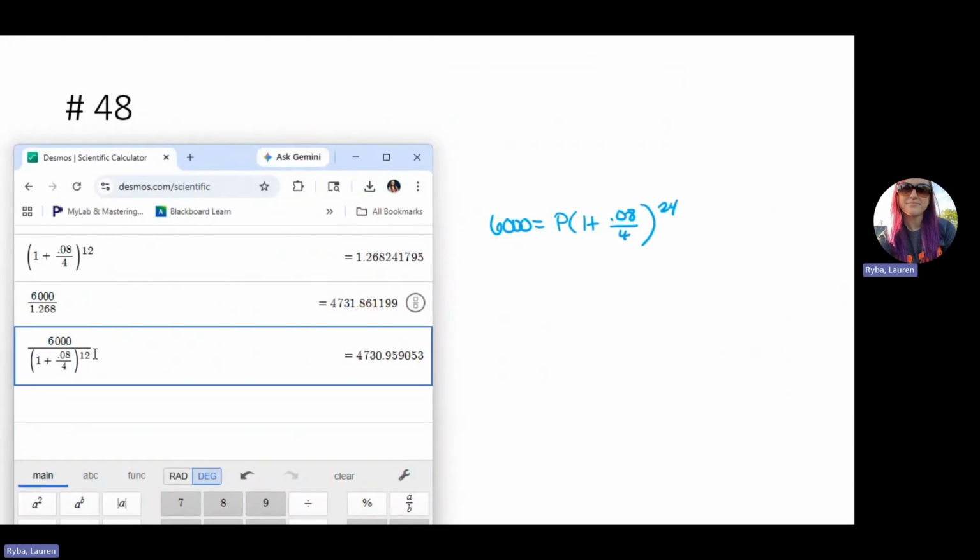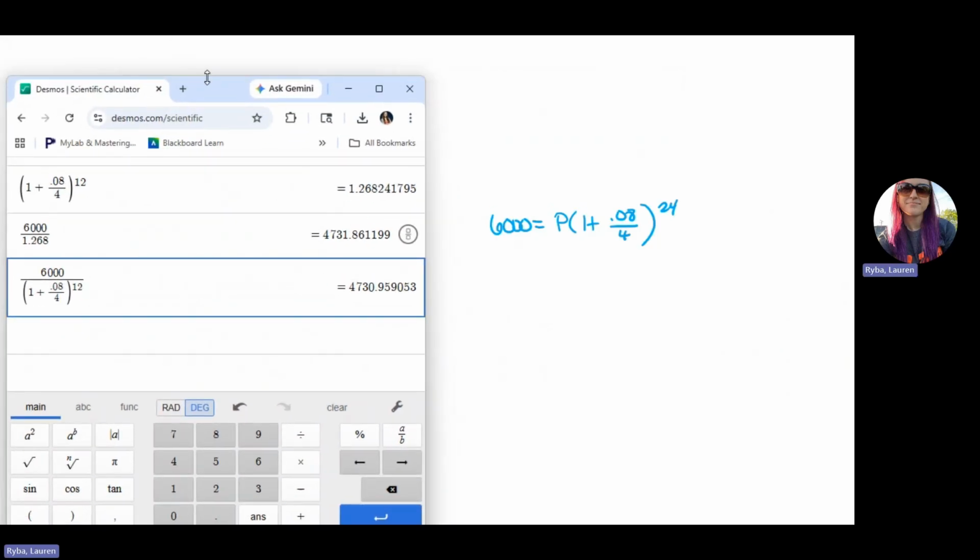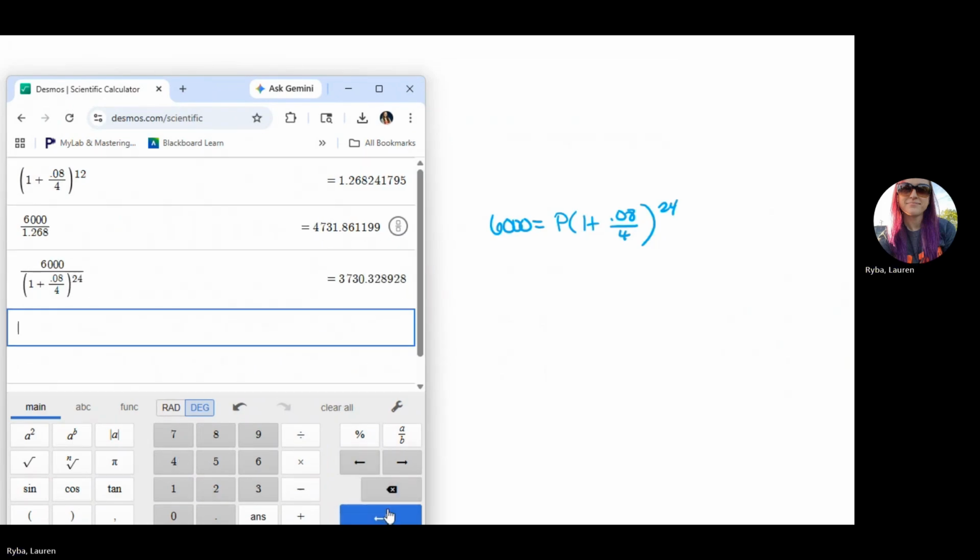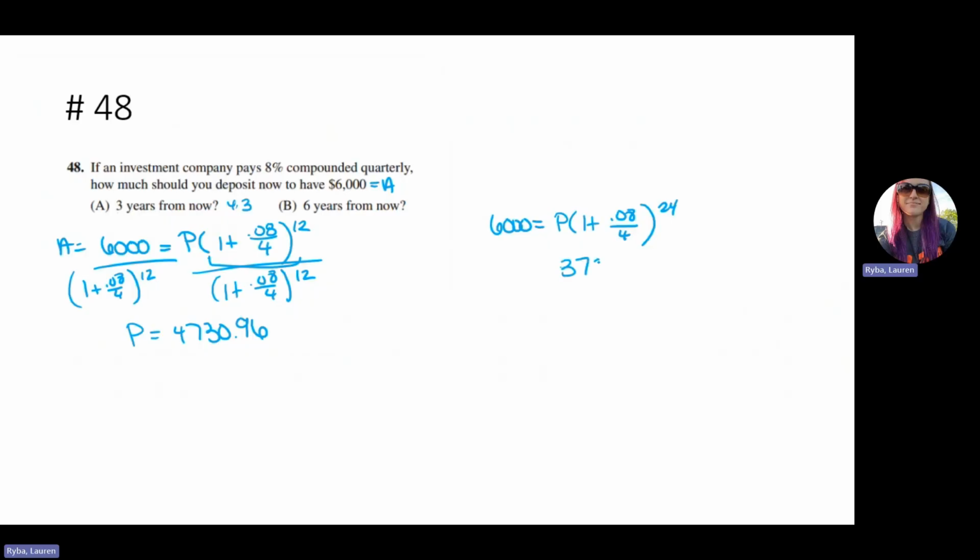Which means all I need to do is go up here and I could change my exponent to 24. And now all I need is $3,730.33 today to get me to that goal. So we've solved for A, we've solved for P.